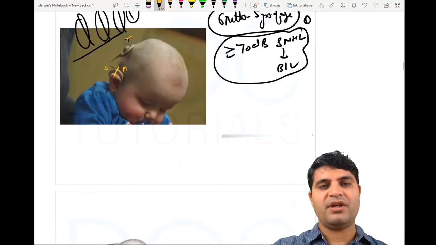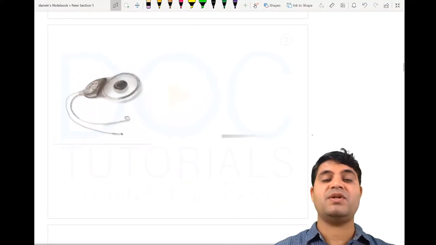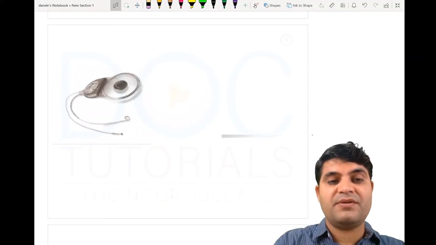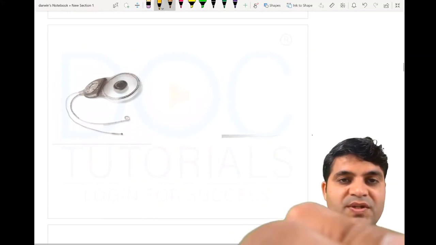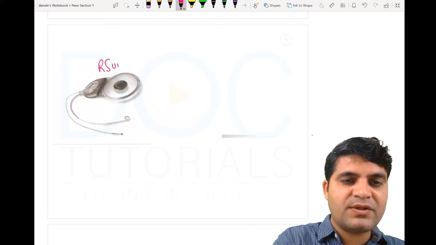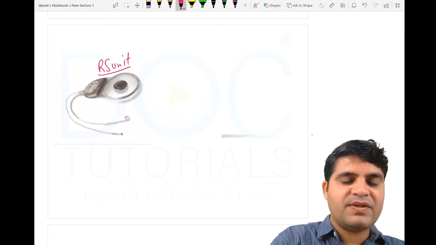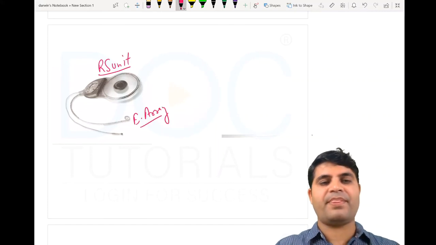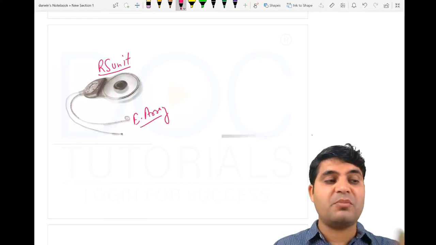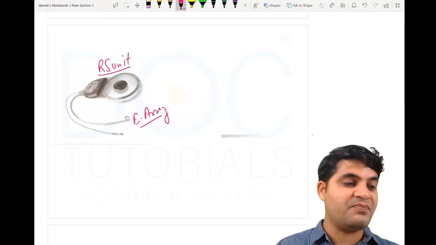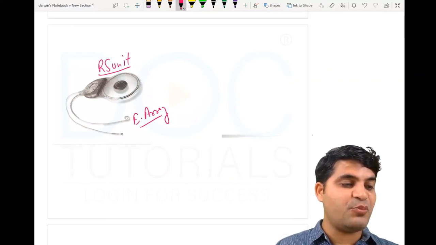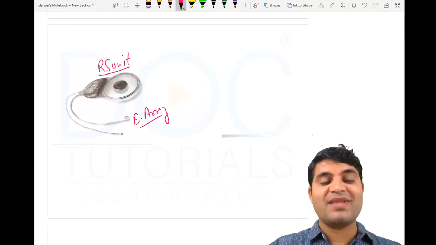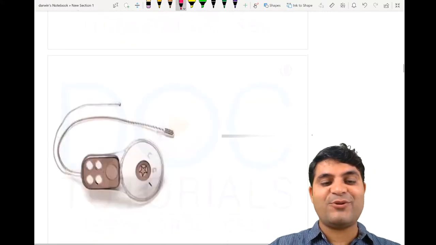Whereas if you see the internal portion, which is implanted inside, this is a receiver stimulator unit, RS unit, and this is the electrode array. Clear? So this is how a cochlear implant looks. Don't make a mistake. Sagar, I will be telling you Baha also, don't worry.